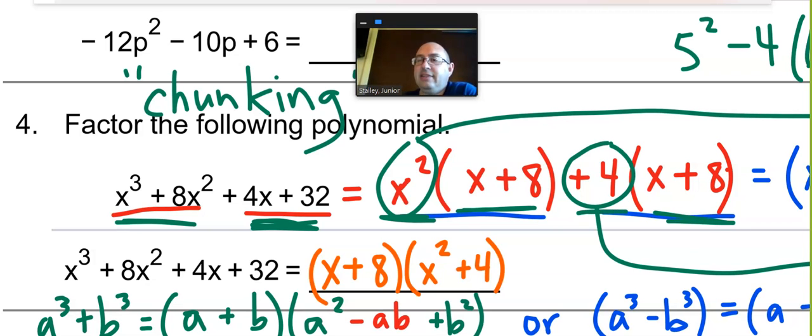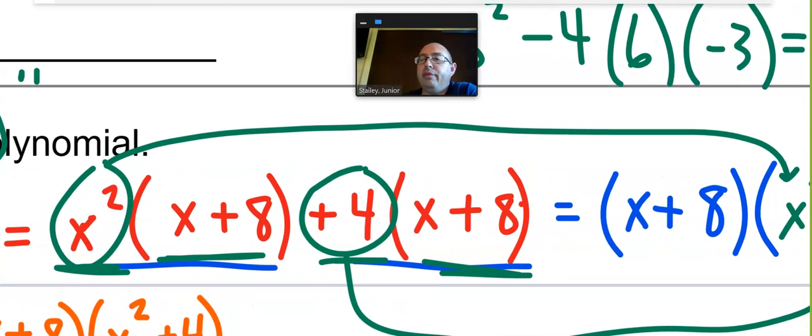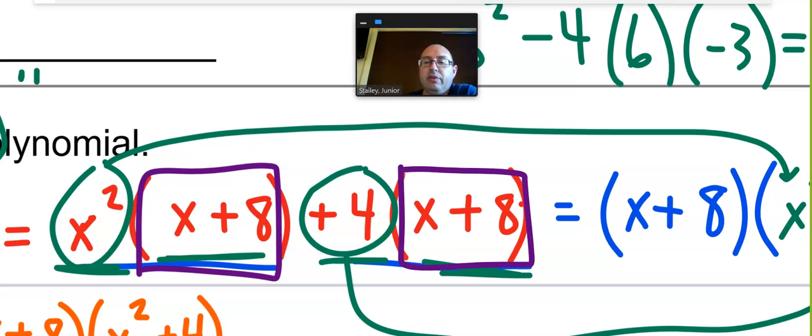Now, the key to this concept of chunking is the fact that when you pulled out what you did from the first two terms and the second two terms, you were left with the same thing. You notice that I got x plus 8 both times.